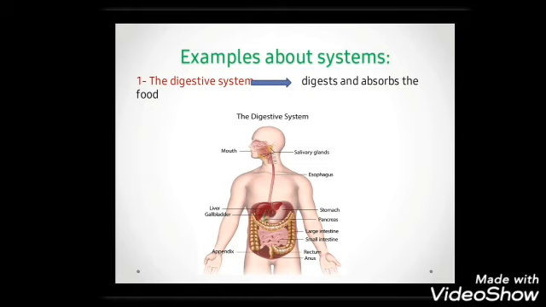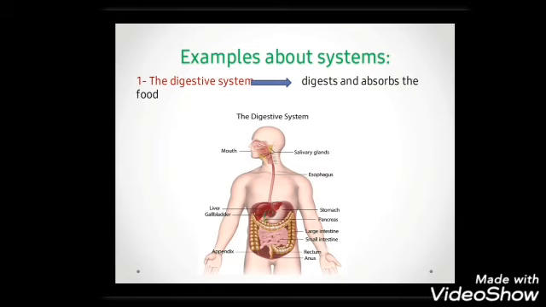Now I will talk about some systems inside your body and their function, or importance, or job. Number one, the digestive system helps to digest the food and absorb the digested food. What is the digestion process? Easily, when I eat something, it's in a complex form.